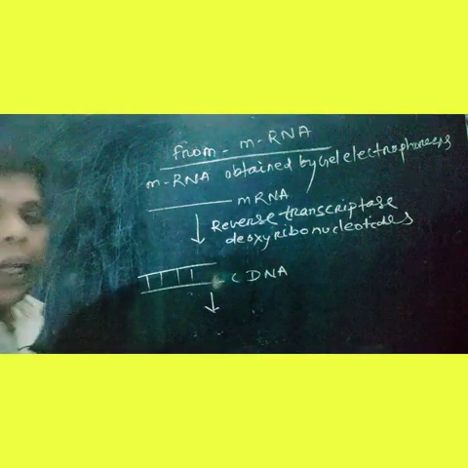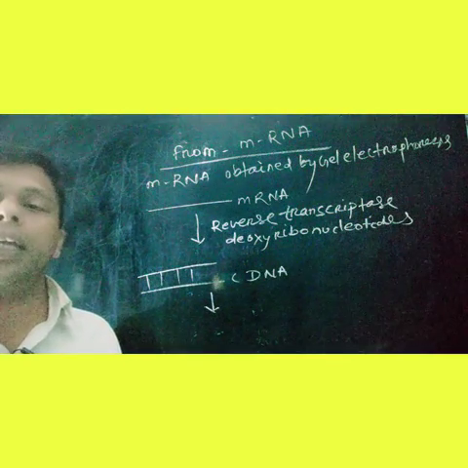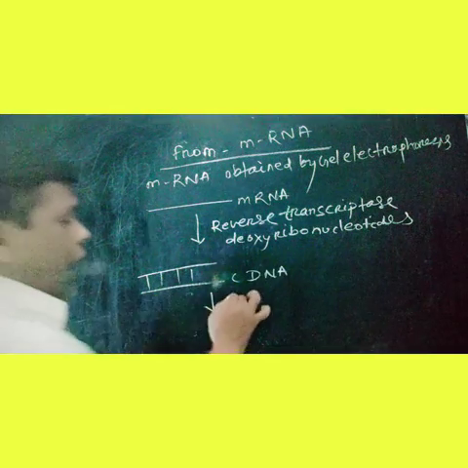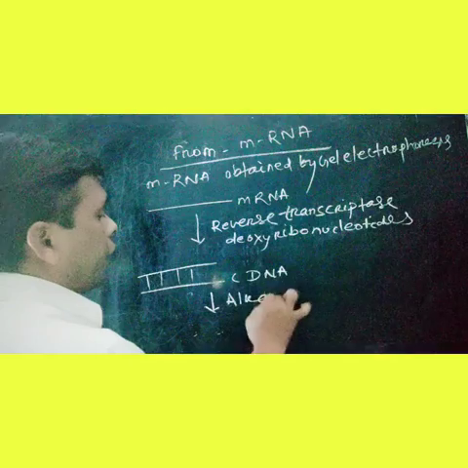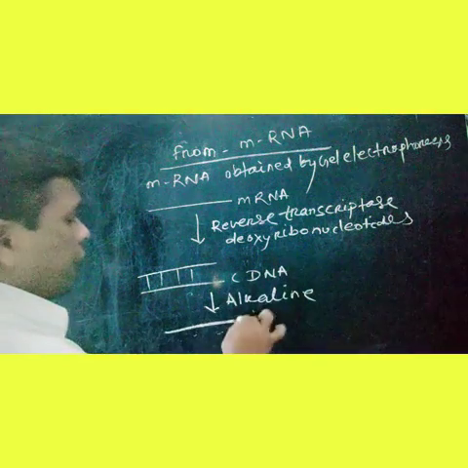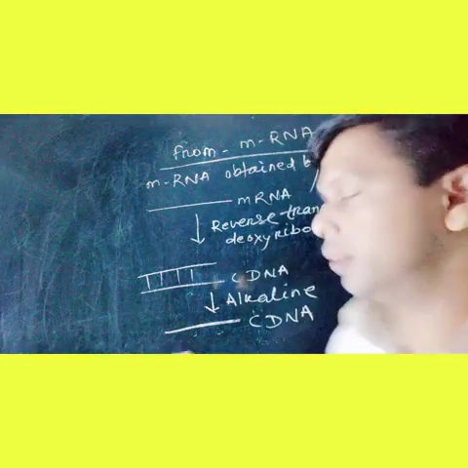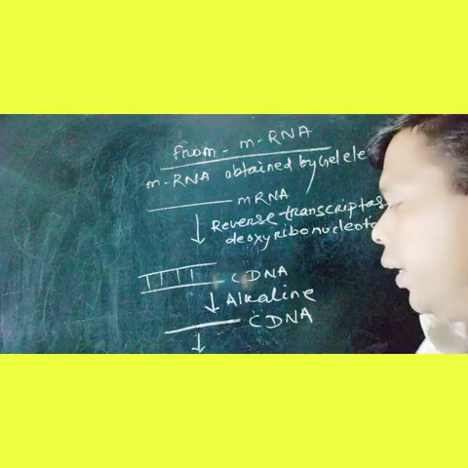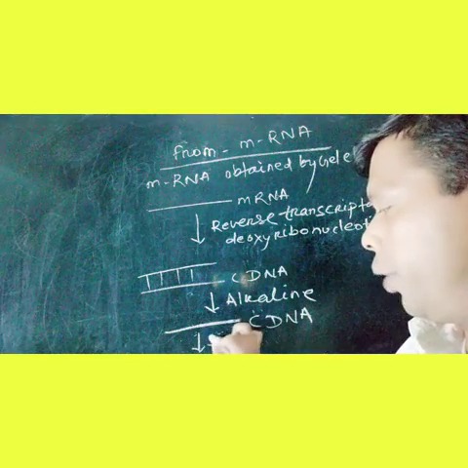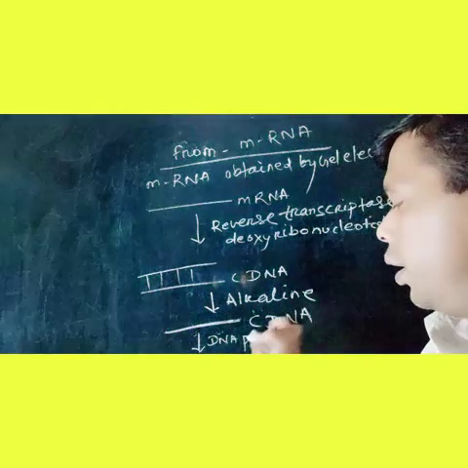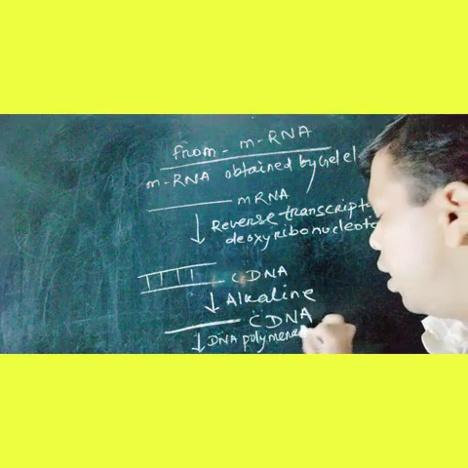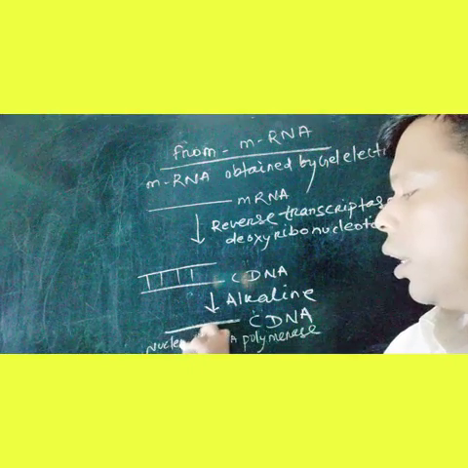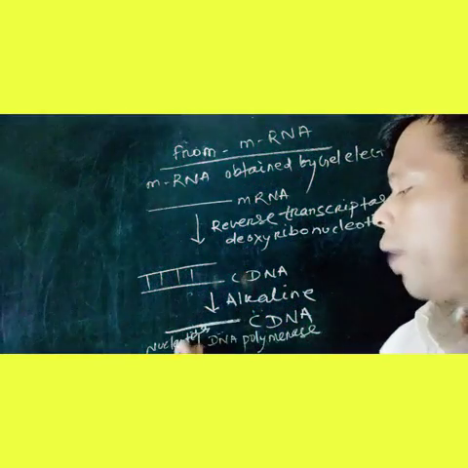This complementary DNA can be isolated by treatment with alkaline phosphatase. After isolation, it is again treated with DNA polymerase 3 enzyme, the same deoxyribonucleotides and a primer.